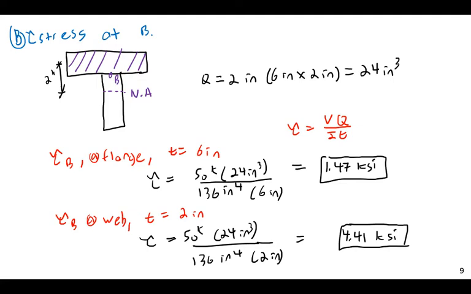So if we have the entire flange resisting the shear stress, we get a much greater ability to resist stress, so we have a shear stress of 1.47 ksi. If we're looking at the shear stress in just the web, we have a much higher shear stress, literally 3 times greater.